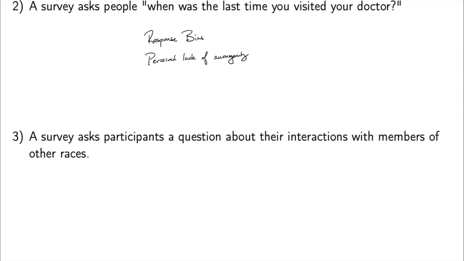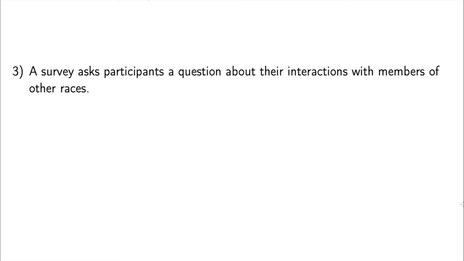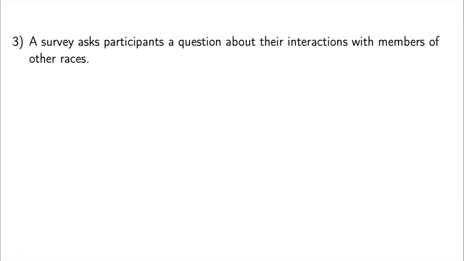Next, a survey asks participants a question about their interactions with members of other races. Okay, well, there are, again, reasons that here people may not want to answer honestly. Maybe they're embarrassed. And so in that case, there could again be some response bias.